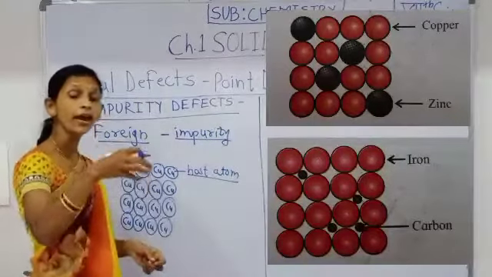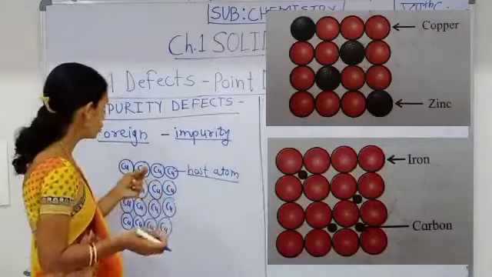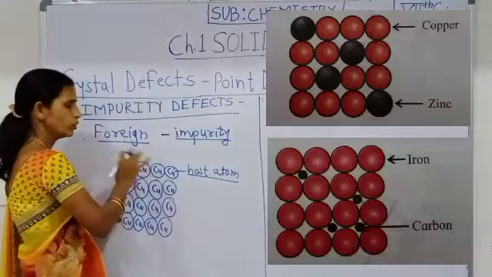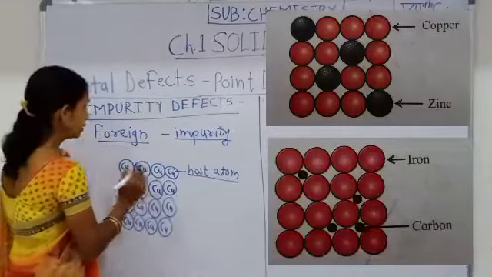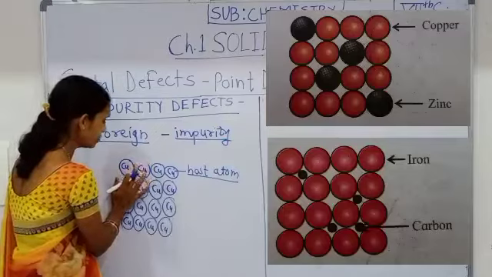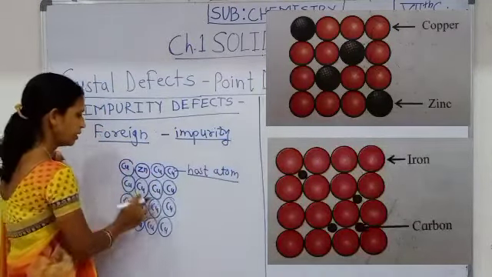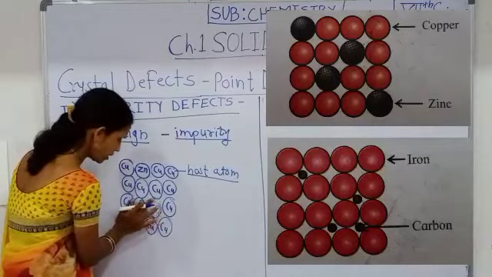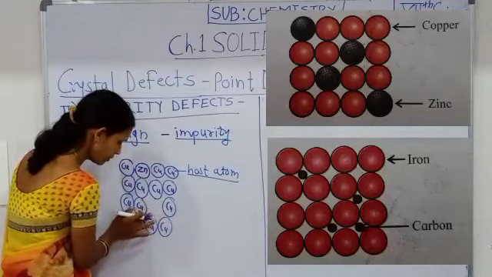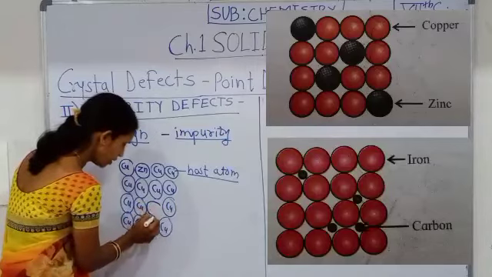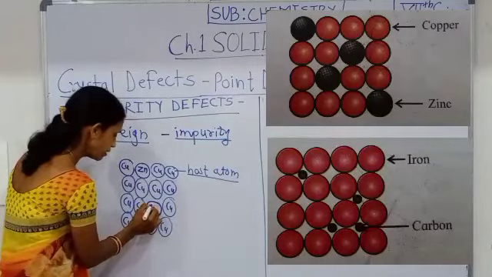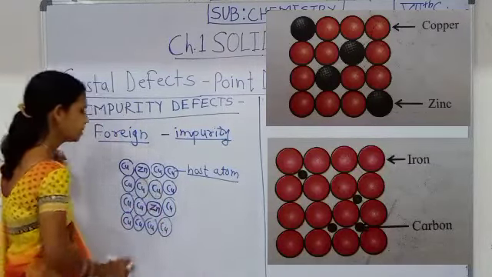And here if we add zinc metal into copper, then a copper atom is replaced by a zinc atom. Here the copper atoms from the original crystal lattice are displaced by zinc atoms.